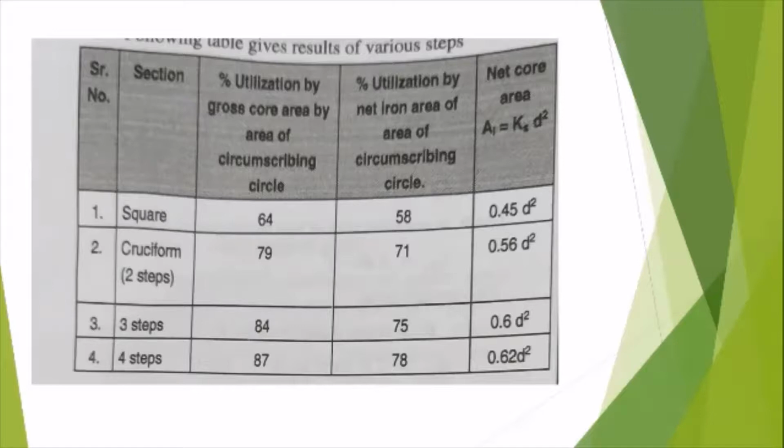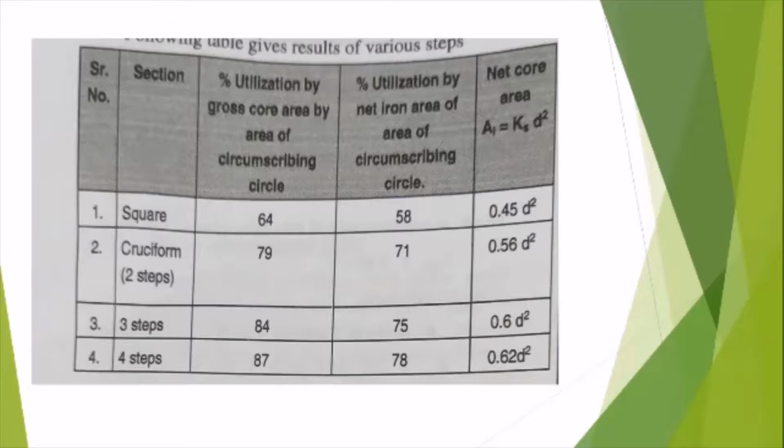Here are the results. For square step, net iron area of circumscribing circle is 58%, and gross area is 64%.